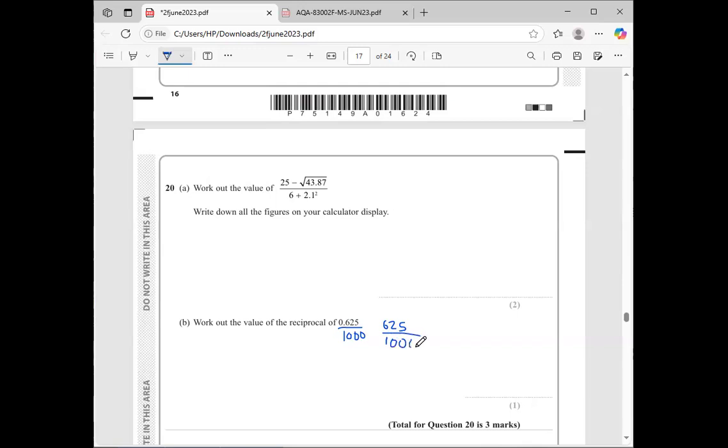Can you quickly flip this? The reciprocal R is going to be equal to 1,000 over 625. Remember, numerator becomes denominator and denominator becomes numerator.